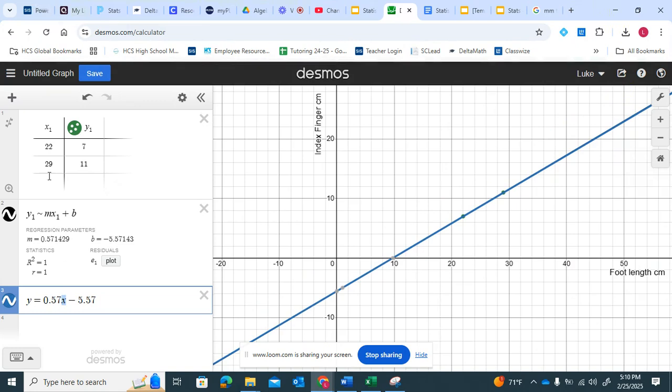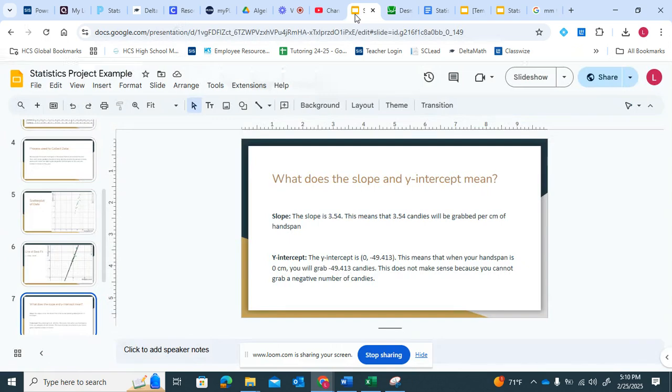X represented the foot length, and Y represented the index finger. So your index finger would get bigger by 0.57 centimeters per centimeter of foot length. So basically, you have to do that in context of the problem.